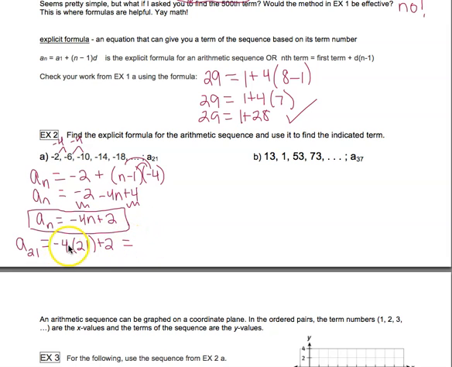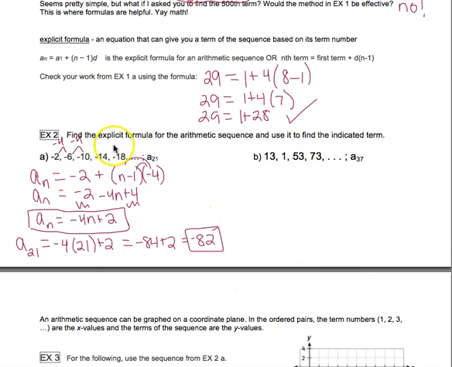So -4 times 21 gives me -84, and then plus 2 gives me -82. So I have two answers in this problem, the first one being the explicit formula, the second one being the answer to what is the 21st term, which is -82.